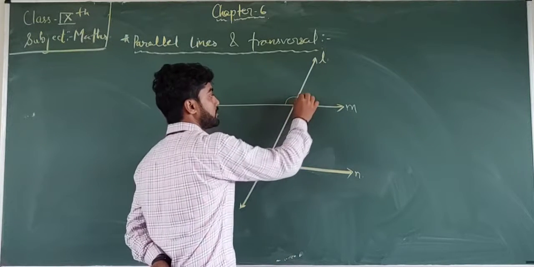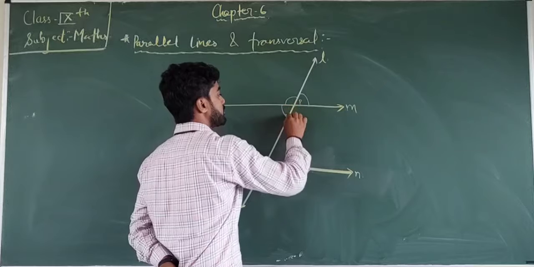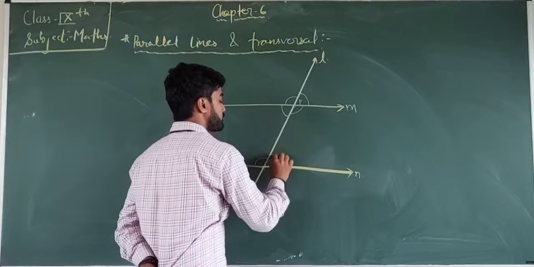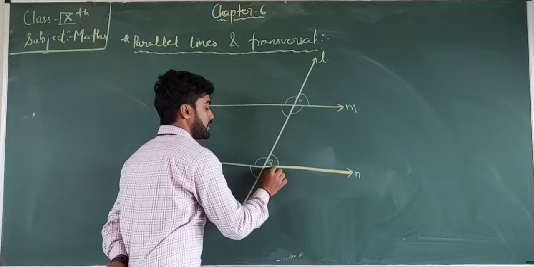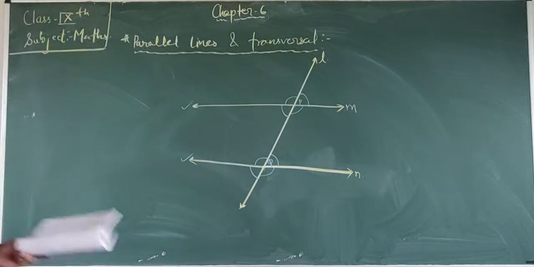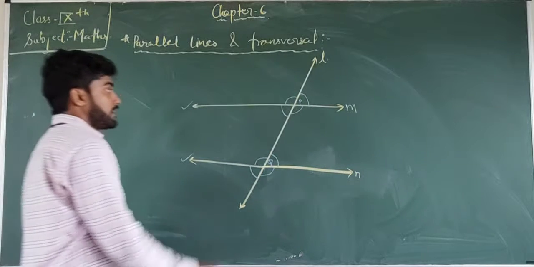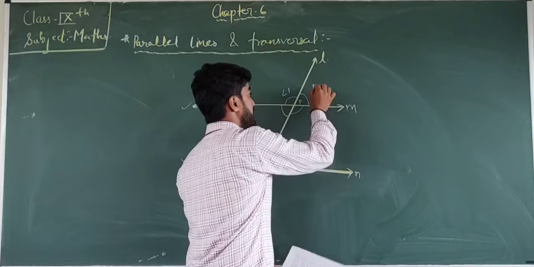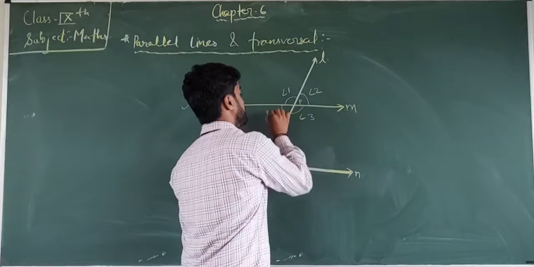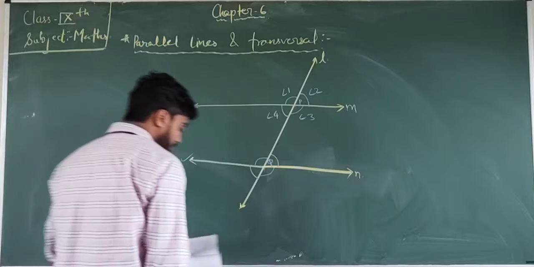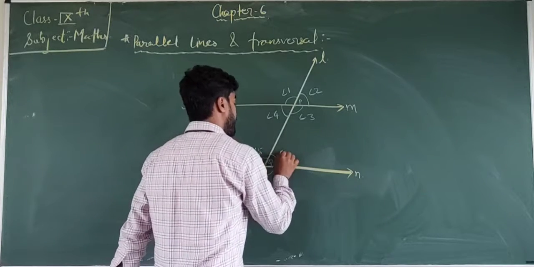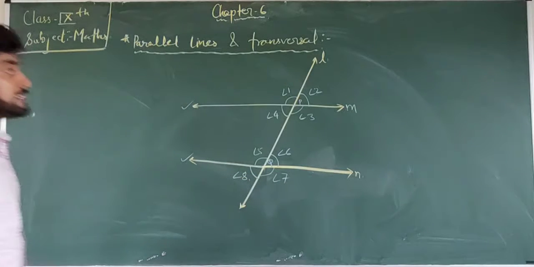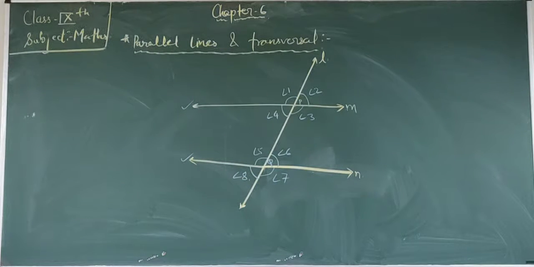There is angle 1, angle 2, angle 3, angle 4, angle 5, angle 6, angle 7 and the last angle 8. So there are 8 angles forming there.